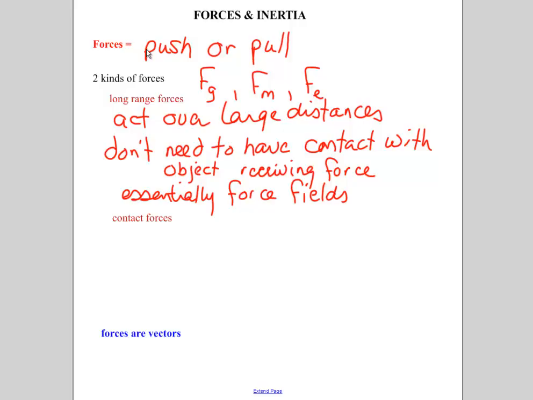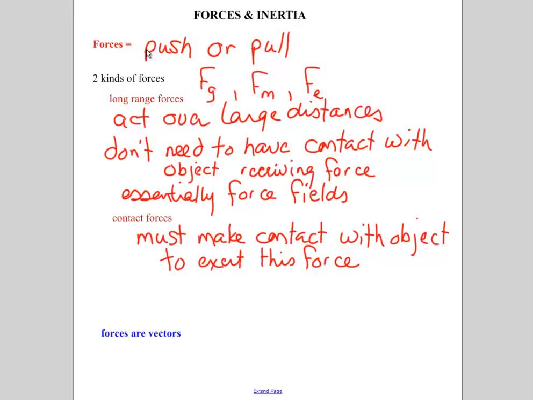The other kind of force we're going to talk about and spend more time with are contact forces. As the name implies, you have to make contact with the object in order to apply this kind of force. So this is truly where I see the pushing and the pulling going on. Examples of contact forces would be applied forces. So it's just a subscript A for applied.